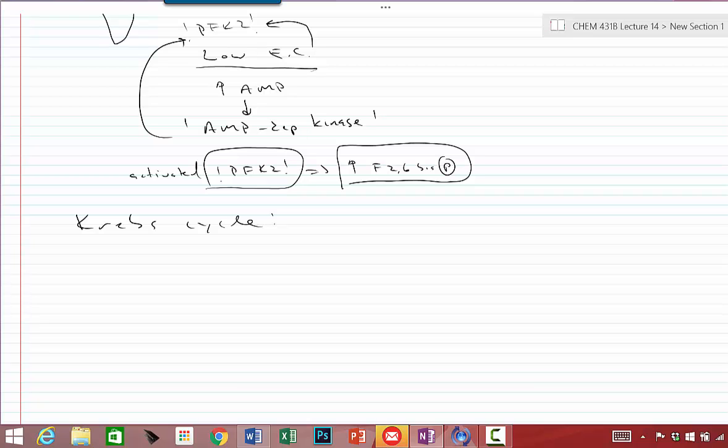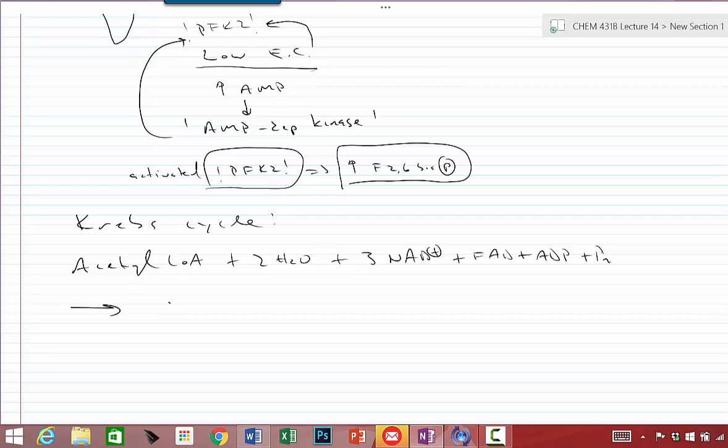Okay, so here we got acetyl-CoA plus 2 H2O plus 3 NAD plus FAD plus ADP plus inorganic phosphate. Those are all the reactants.